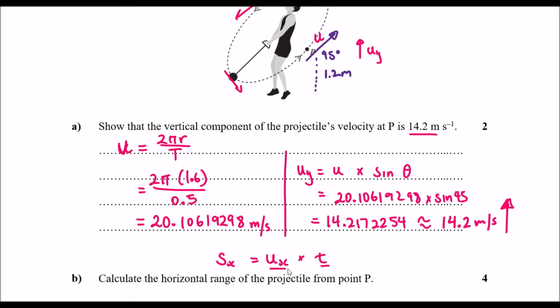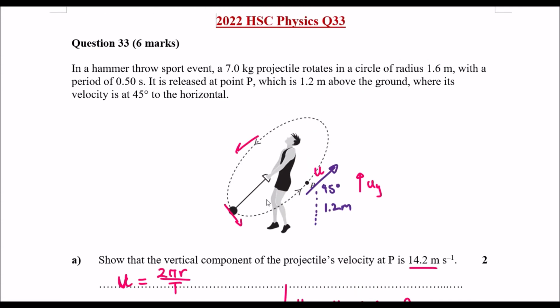Now ux is relatively straightforward to find. It is our initial velocity of launch, but instead of using sine theta, we use cos theta. T, on the other hand, is a little bit more difficult, and we're going to try and solve for that first. So let's go through the actual theory behind it.